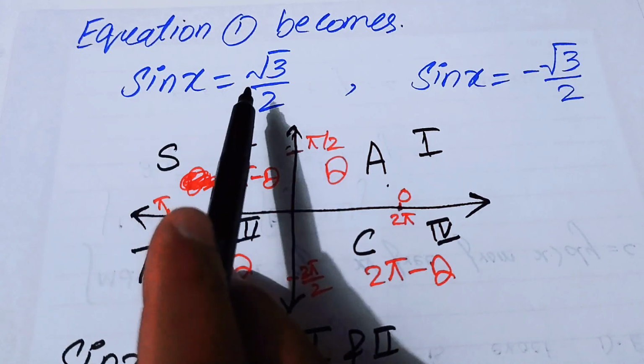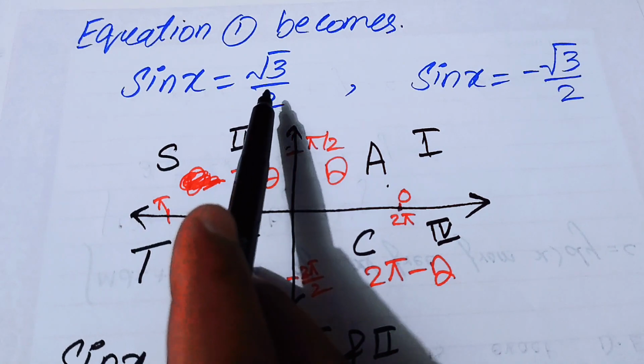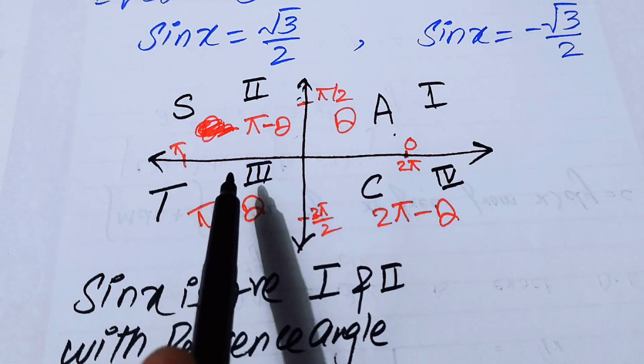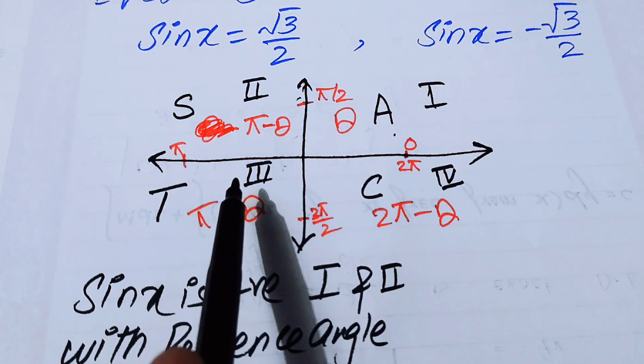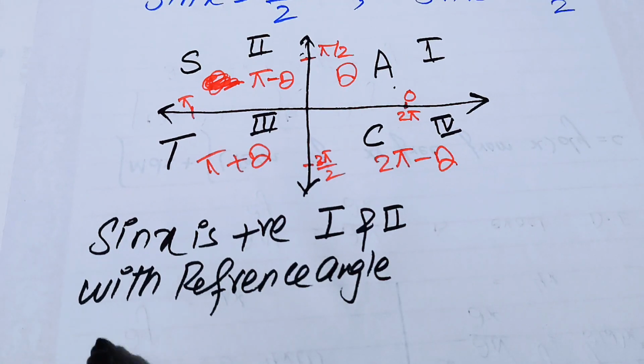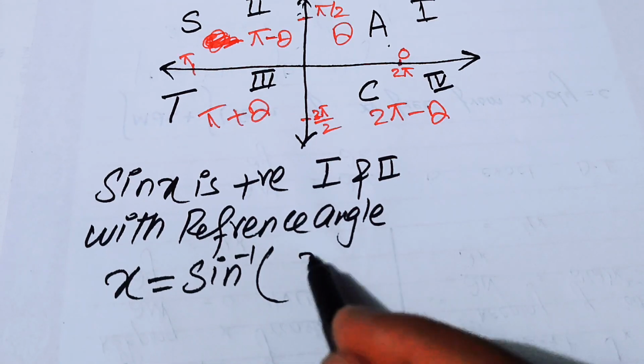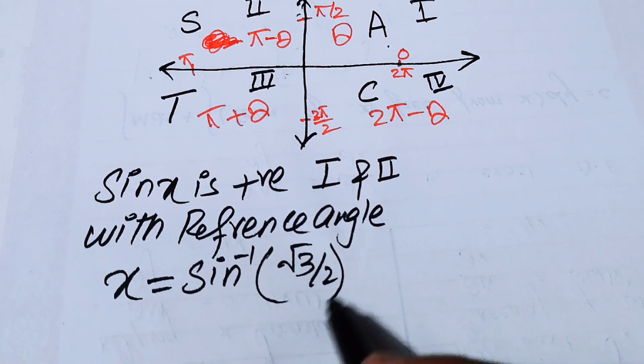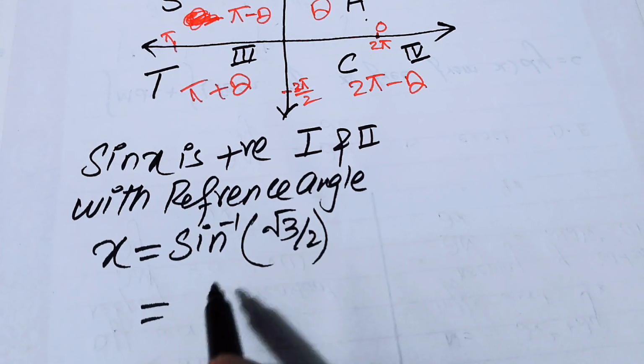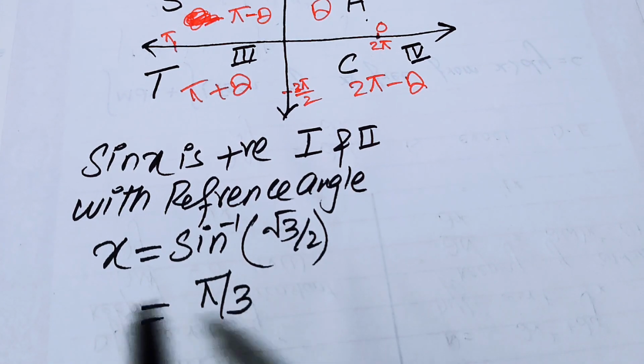When we move sin to the right hand side, you get sin inverse square root 3 over 2, and sin inverse square root 3 over 2 is equal to pi by 3. So here you get x is equal to sin inverse square root 3 over 2, and it is equal to pi by 3.